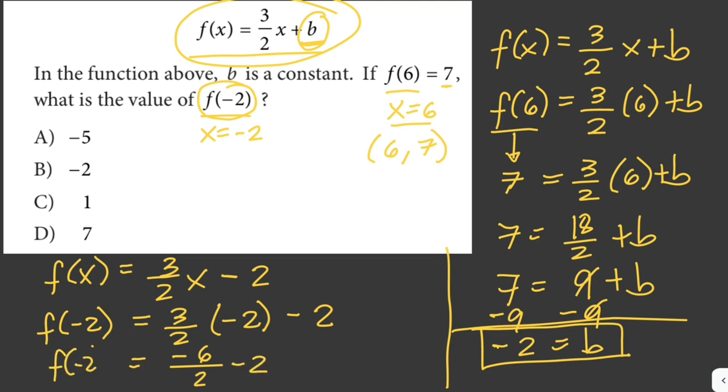This is f of negative 2. And this is just equal to negative 6 divided by 2 is negative 3, minus 2. So this is equal to negative 5. Therefore, the value of f of negative 2 is just equal to negative 5.